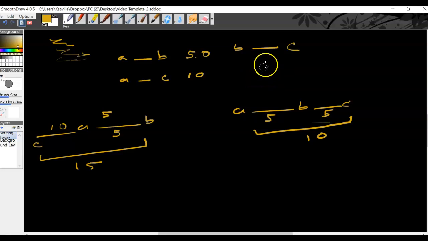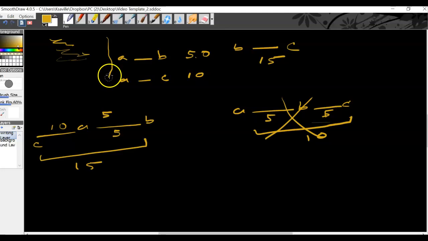Let's just say we get 15. So we just have to map this out. B and C is 15. It makes more sense with this left model. So the left map is correct.